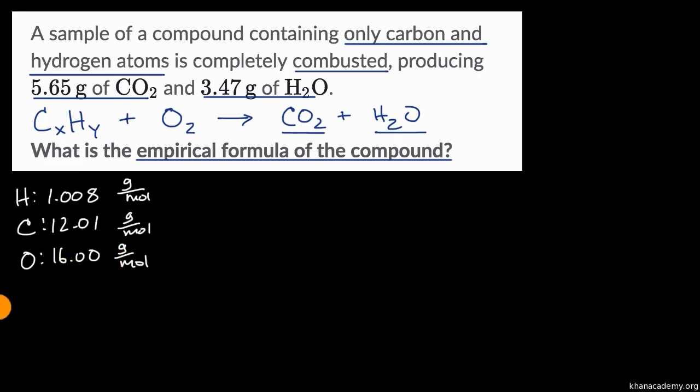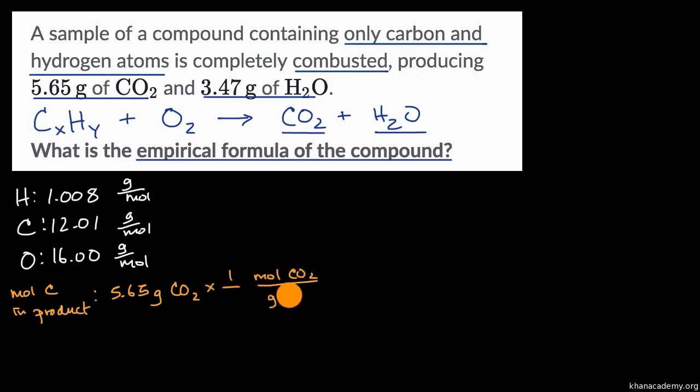And so now we can try to figure out how many moles of C in the product we have. We can see that all of the carbon in the product is in the carbon dioxide. And so we have 5.65 grams of CO2. We can think about how many moles of CO2 that is. So times 1 mole of CO2 for every how many grams of CO2?